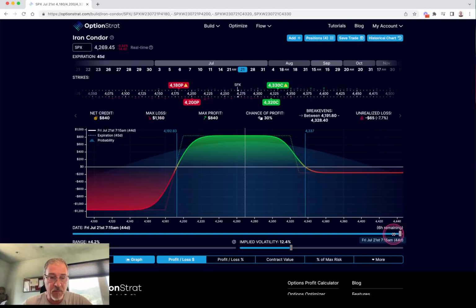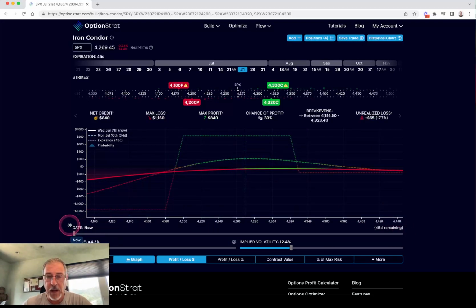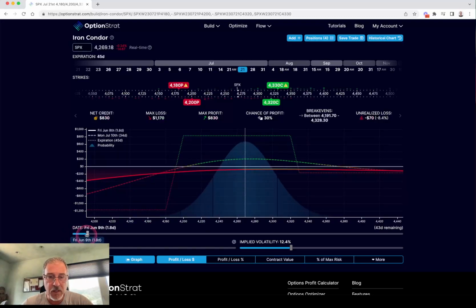Let's back this off to today, because that was our model at expiration. Excuse me. So if I back this off to today, we're going to have some commissions and stuff to get into this trade. And so you're going to start off pretty much at a zero line, about break even, somewhere in there on this trade.